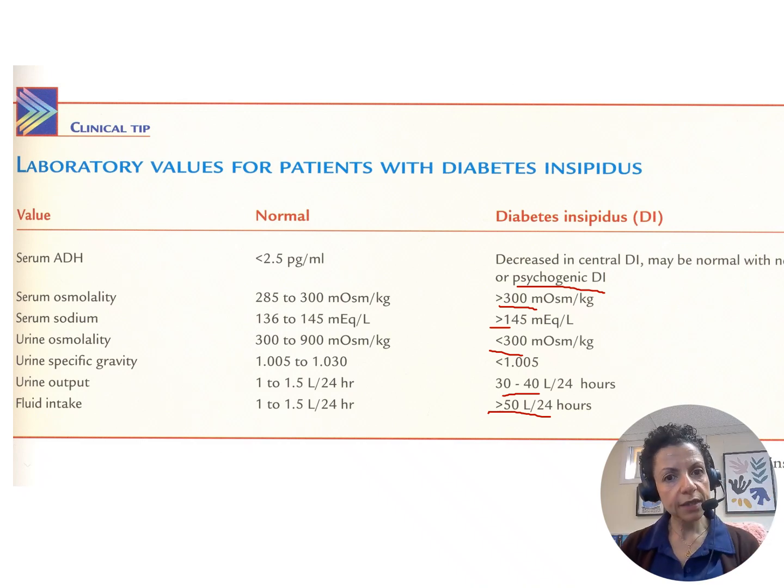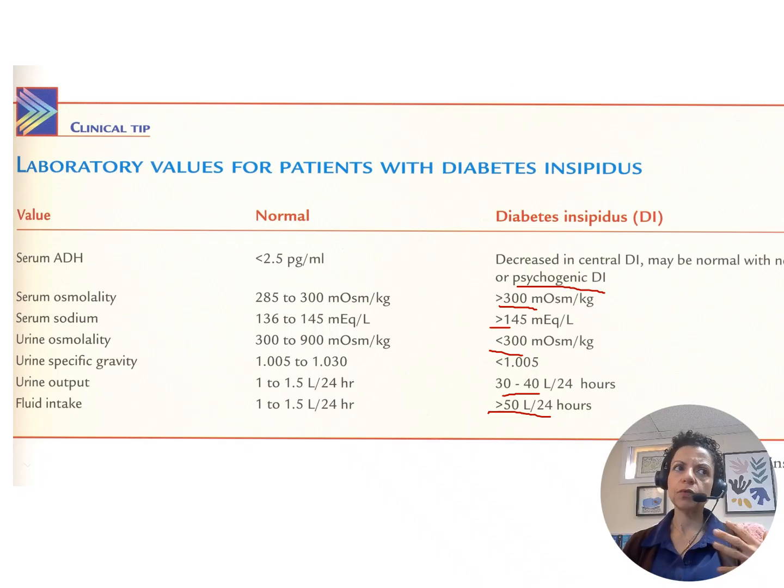But if you looked at their lab values, their blood osmolarity will be low, because they're drinking so much water, and their urine osmolarity will be extremely low because they're trying to urinate out all of that water. So in somebody with psychiatric polydipsia, their urine is going to match their blood.